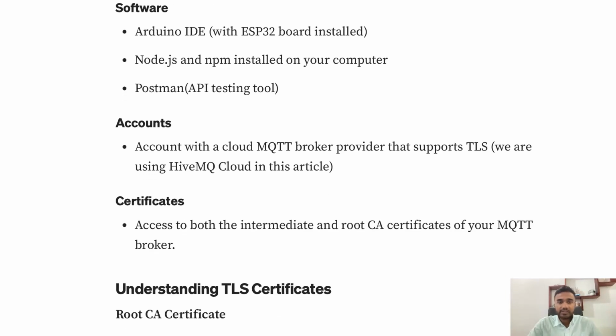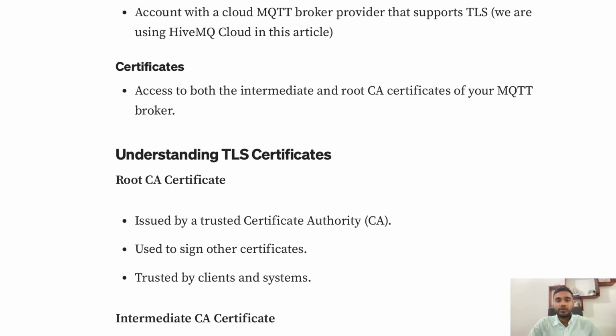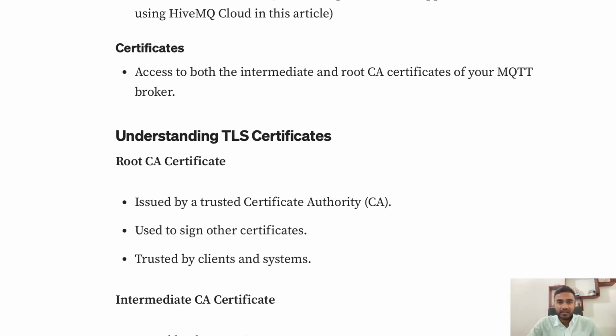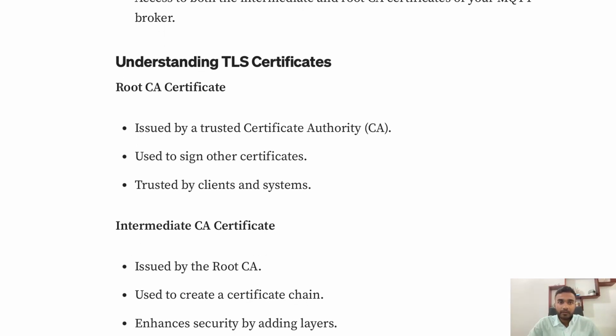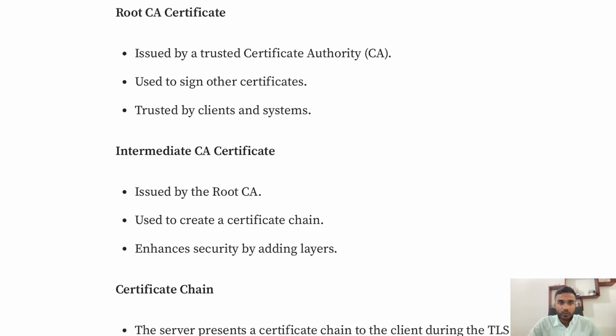First you need to understand what these certificates are: the root CA certificate and the intermediate certificate. The root CA certificate is issued by a trusted certificate authority, and it can be used to sign other certificates. It is a certificate trusted by clients and systems.